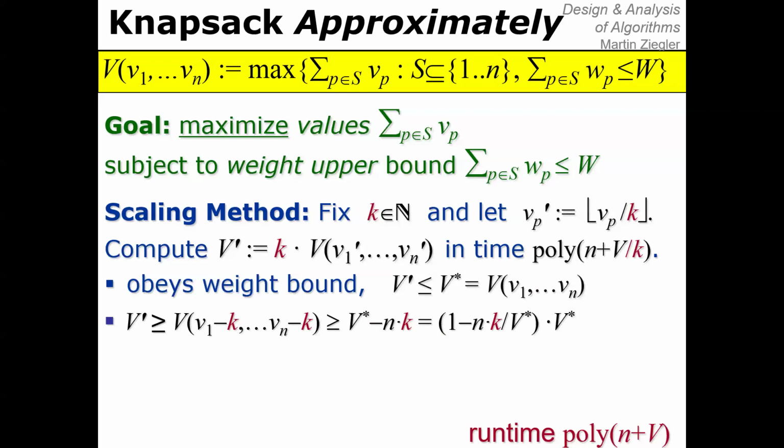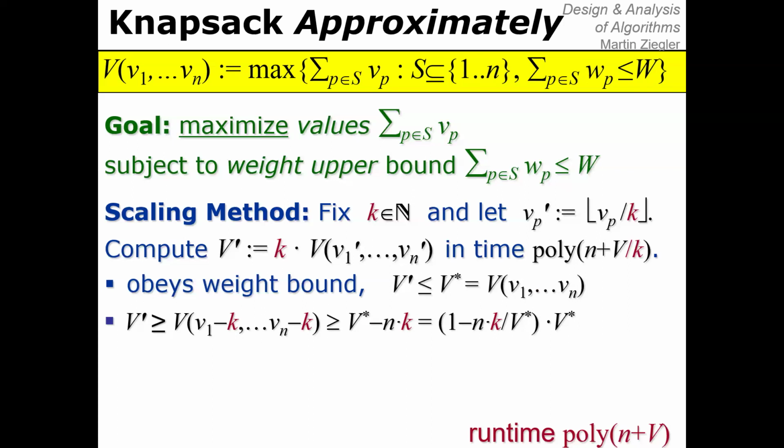We scale the values down, we round them down to the next lower integer, calculate the optimum, and then scale them up again, which recovers almost everything except for the part with the rounding down.